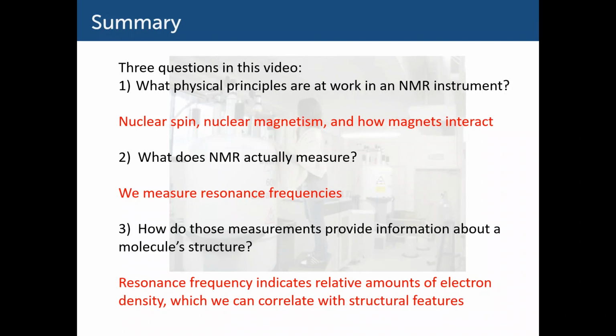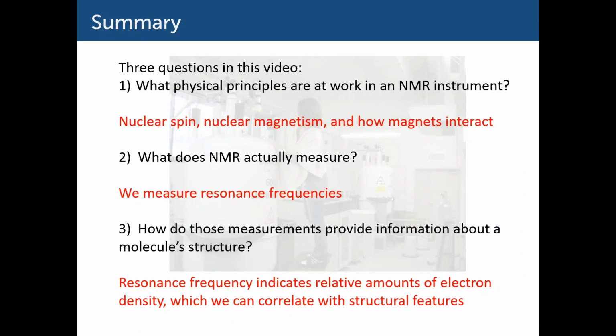That frequency of the photon that comes out during that transition is directly equal to the energy difference between that beta and alpha state. And when we then go to get structural information from those measurements, what we can say is that the difference in energy between that alpha and beta state is a function in part of the amount of electron density that's near the hydrogen, right? So those are the three things that we learned in this video.